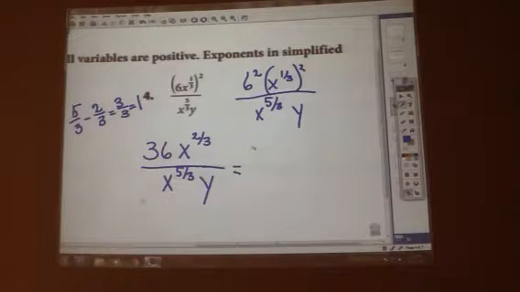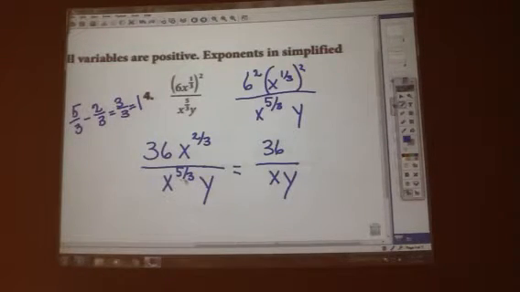Now, I have 36 in my numerator. Am I going to put that x to the first power in the numerator or in the denominator? I'm going to put it in the denominator. Why do you think that is? Because you subtracted from it.